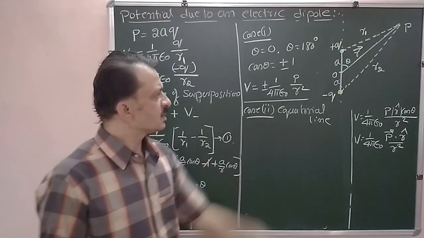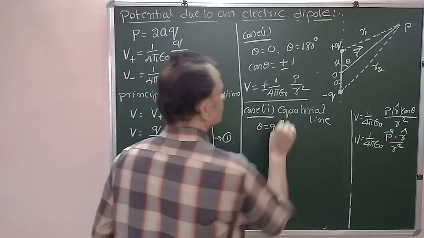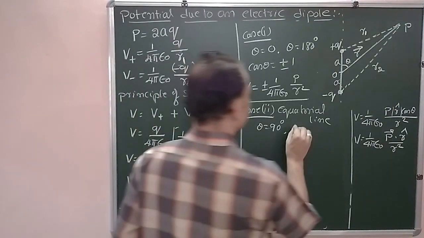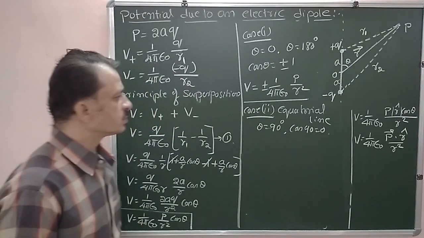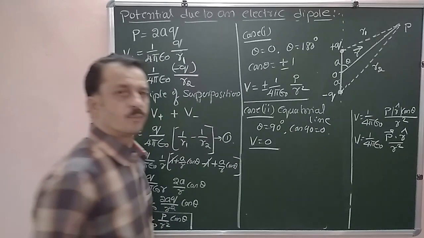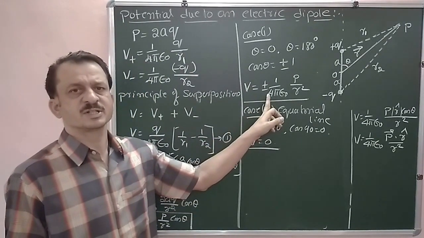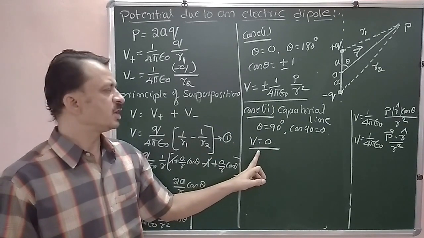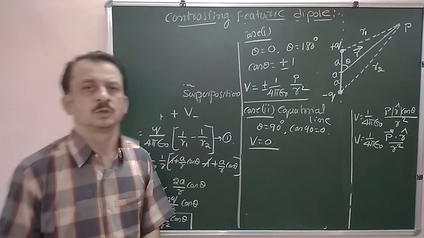If the point is along the equatorial line, then theta is 90 degrees, and cos 90 is 0. So therefore potential becomes 0. For the axial point, the potential expression is this one. For the equatorial point, the potential due to a dipole becomes 0.